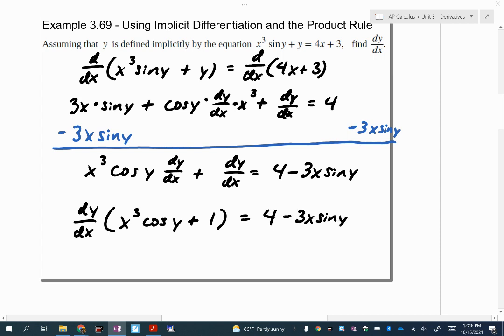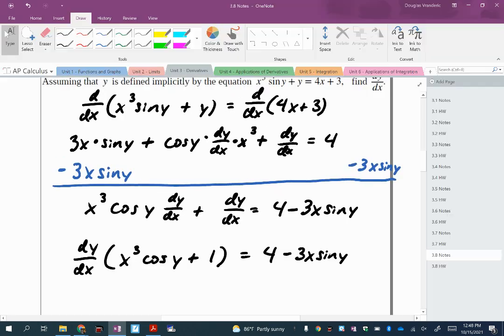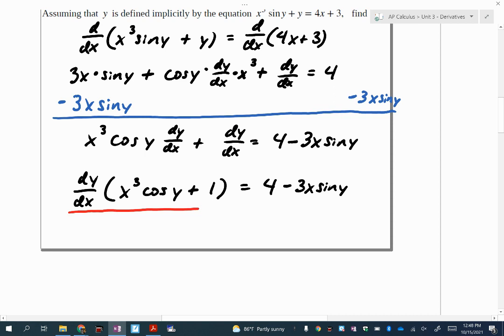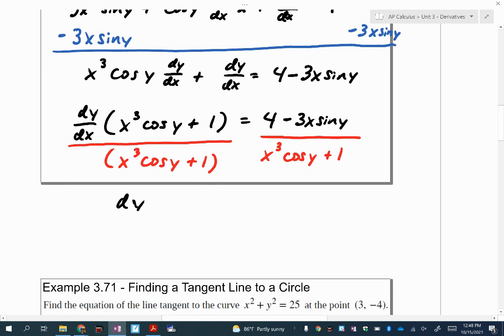sine y. And so to solve for dy/dx, we're going to divide both sides by this remaining piece on the left. So divide by x cubed cosine y plus 1. All right, and so my answer for dy/dx is going to be that fraction.